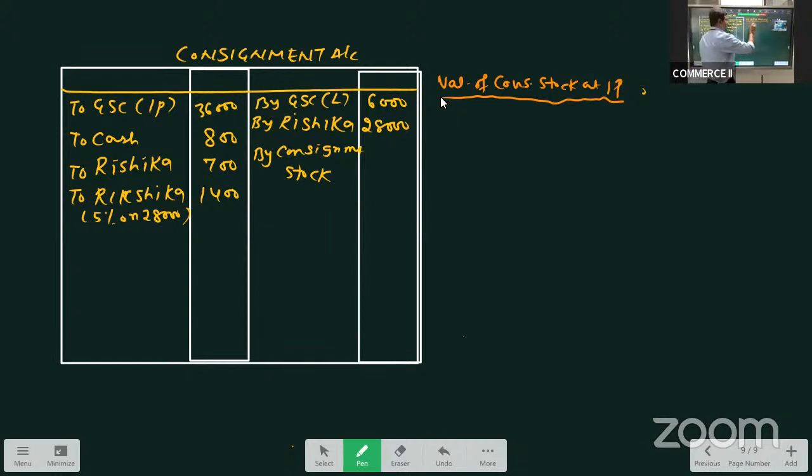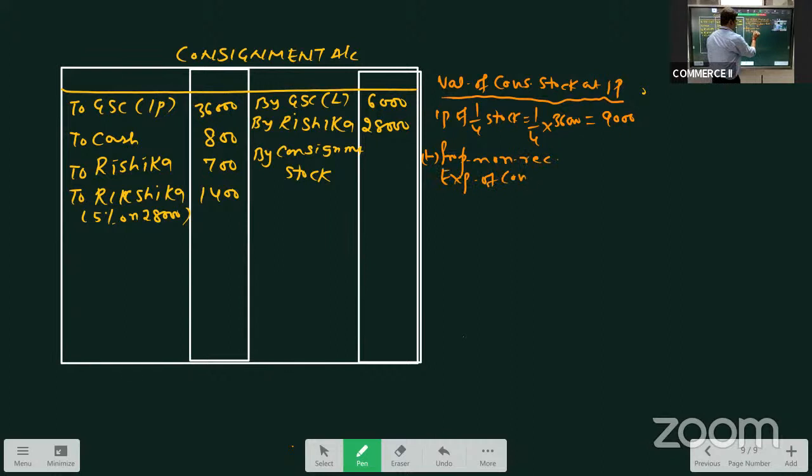What is the proportion sold? 3/4. What is the unsold proportion? 1/4. So invoice price of 1/4 stock would be 1/4 of the total invoice price, 36,000. So 9,000. Add proportionate non-recurring expenses of consignor.